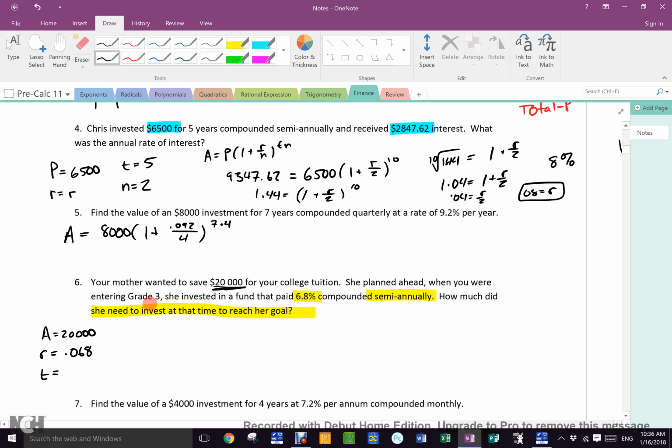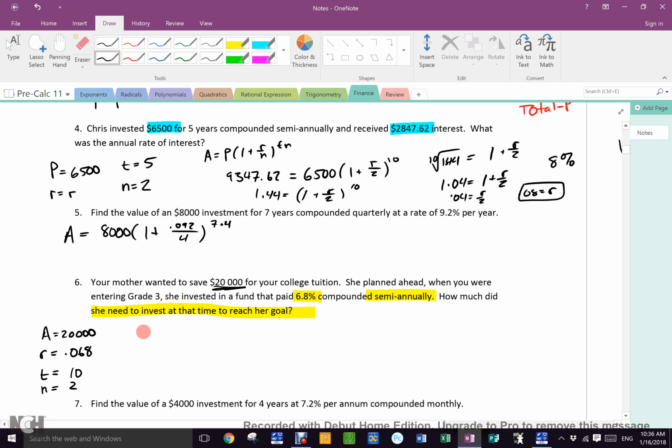How many years of school do you have after grade 3? You got grade 3, 4, 5, 6, 7, 8, 9, 10, 11, 12, right? You're going to go 10 more years of school if she did it at the beginning of grade 3, which she did. So what's my time? 10 years. And what's my n? Semi-annually is 2. What's missing? Principal. I don't know how much she needs to start with.